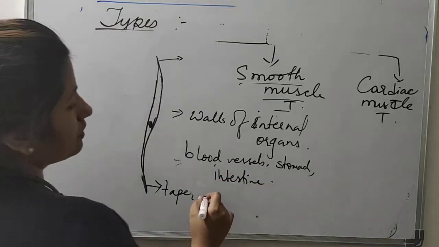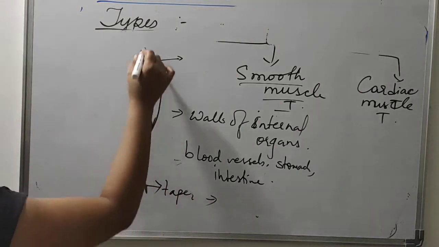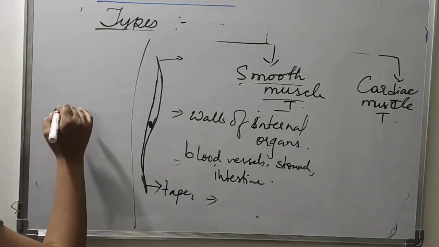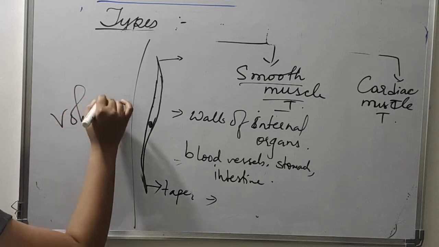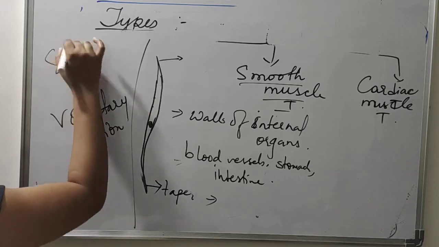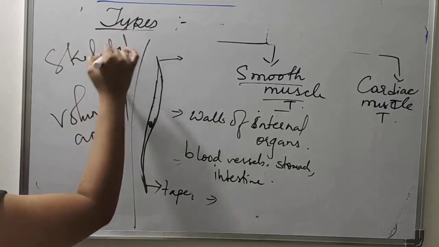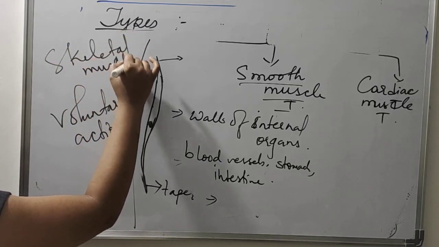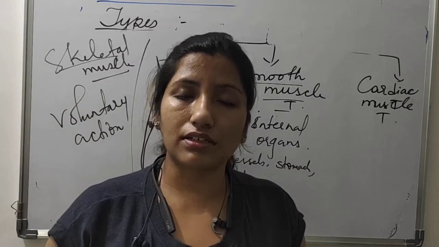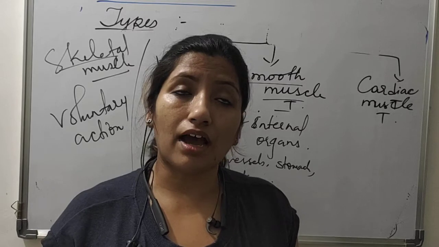Another interesting fact which I have left from the skeletal muscle is, they are voluntary muscles. They perform voluntary action. It means the action which is done by our control.